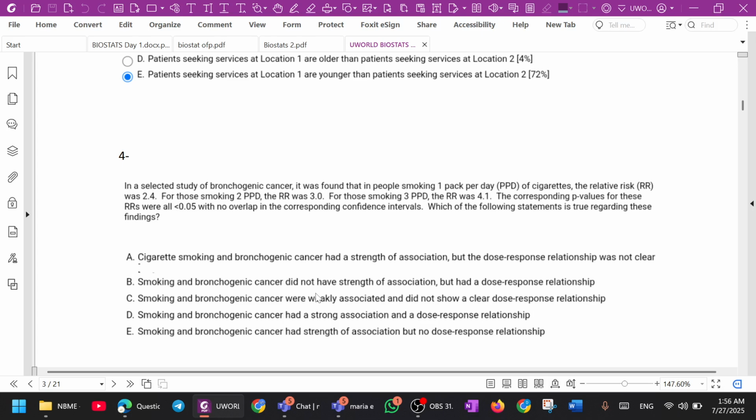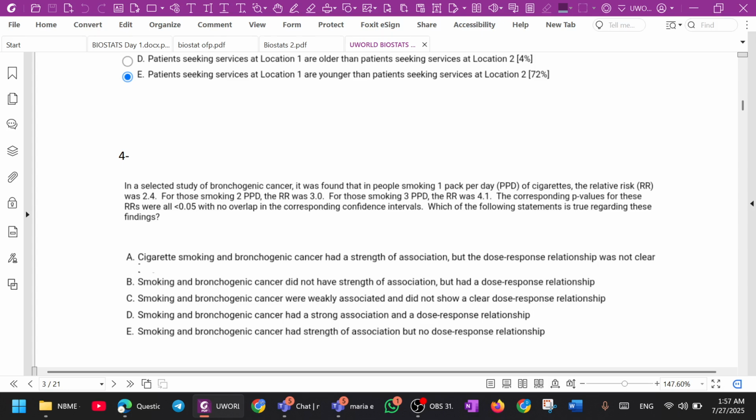In a selected study of bronchogenic cancer, it was found that in people smoking one pack per day of cigarettes, the relative risk was 2.4. For those smoking two packs per day, the relative risk was 3.